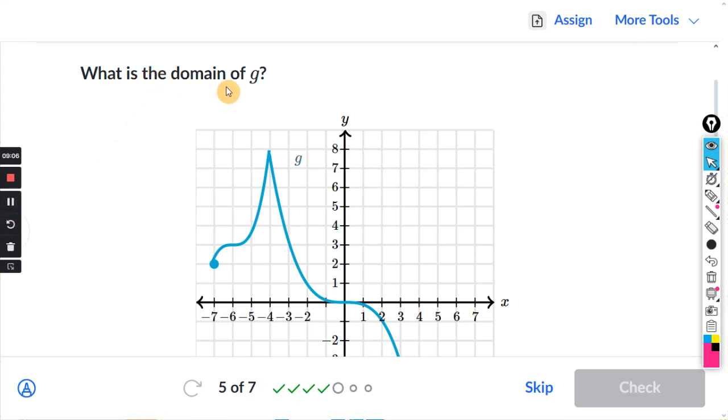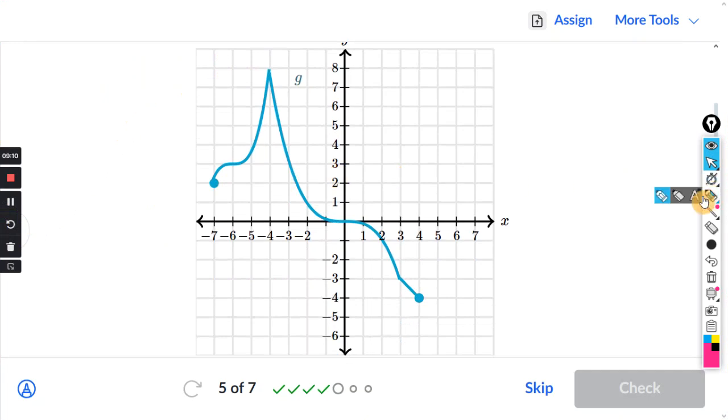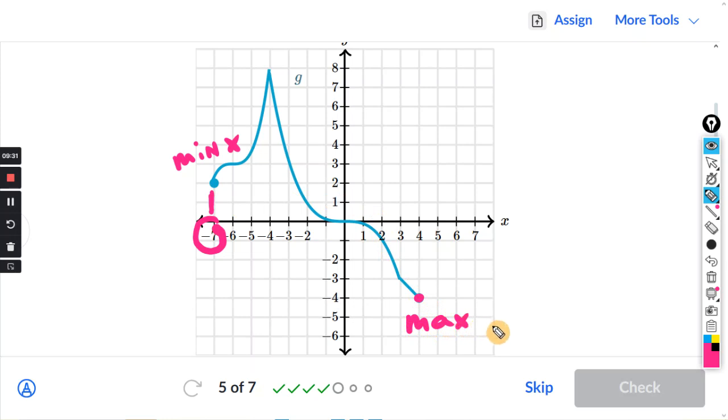All right, domain of G. Here's the function G. Domain is the x values. If you look at the minimum, we're looking at the x-axis. If you look at the minimum x value, the one all the way on the left, that's -7. And if you travel to the right, this right here is the maximum x value, and that's at 4.